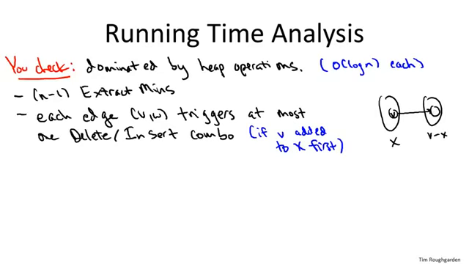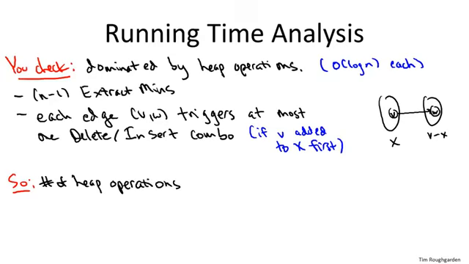And in fact, if the endpoints of this edge get sucked into X in the opposite order, if the head of this edge W gets sucked into X first, that doesn't even trigger a key decrease for V, and V will never have its key decreased because of this particular arc from V to W. So the upshot is that each edge VW of the graph triggers at most one insert-delete combo.